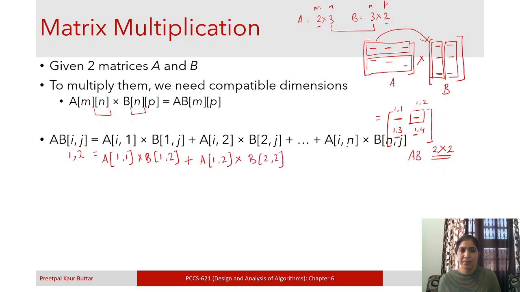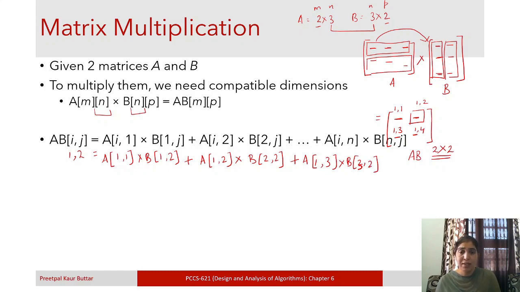Okay, so till n, what is n here? n is 3, right? So plus a i comma n, that is 3, into b 3 comma j. Okay, so this is the exact expression.